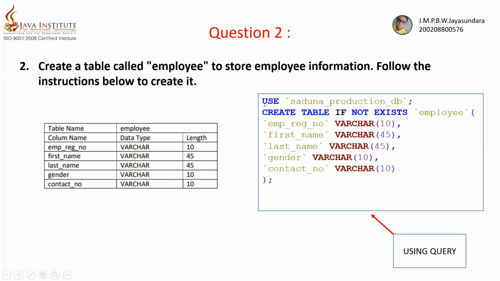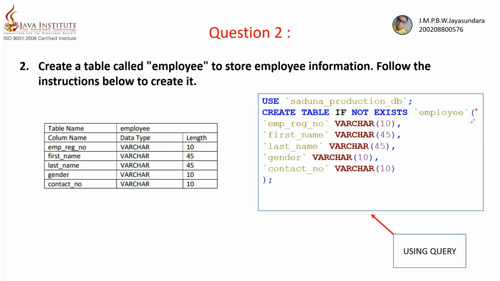First we need to define what database we are using. So in here we are using Sandun Production DB. So we have said in here use Sandun Production DB. This is the name of our database. After that, in here we have said to create a table if the table does not exist in this database, and we have given our table name as employee.